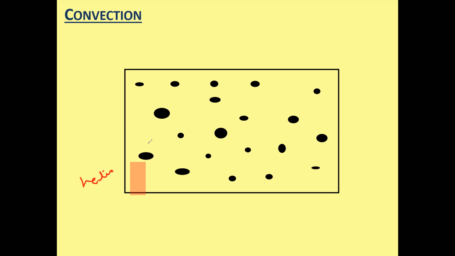The heater supplies energy. When the heater supplies energy, the group of particles that absorb energy from the heater tend to move away. So what happens to this part of the fluid? The volume will increase and the density will decrease.